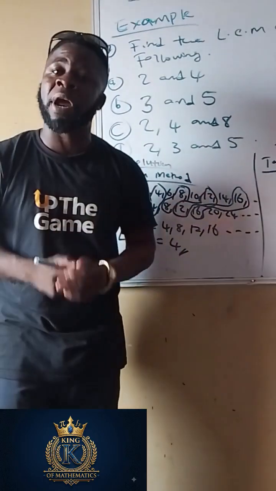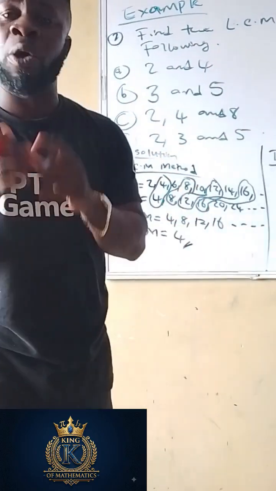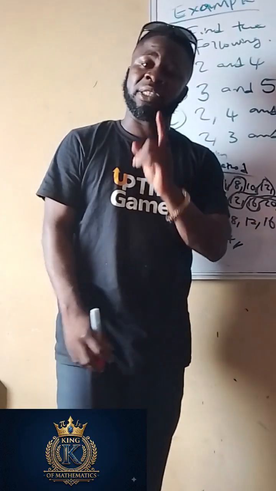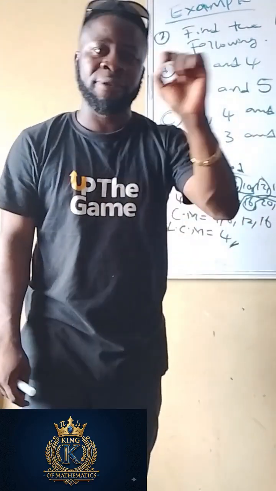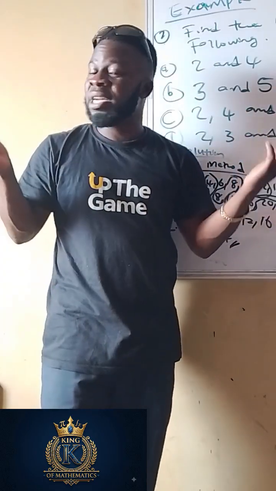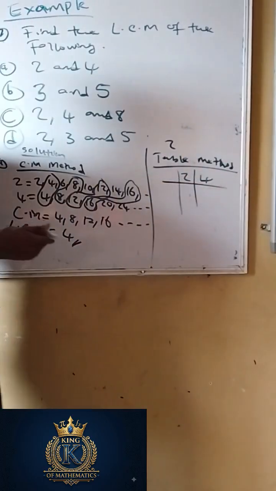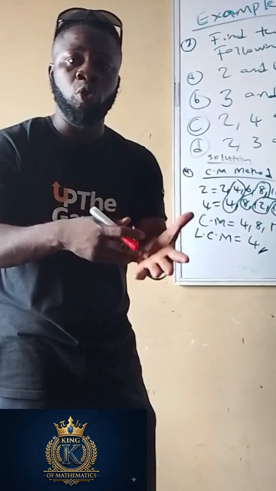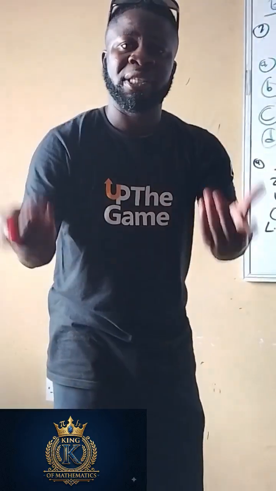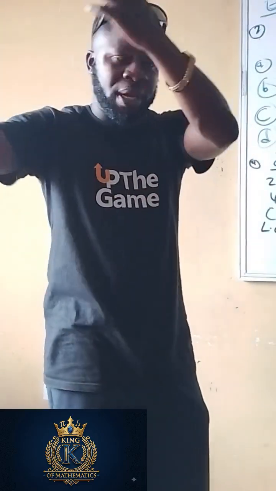In case you don't know, prime numbers are numbers that are only divisible by 1 and itself. In other words, you have just 2 factors. A factor is a number that will divide another number without giving a remainder. The first prime number that we have is 2. The prime numbers are 2, 3, 5, 7, 11, and so on.